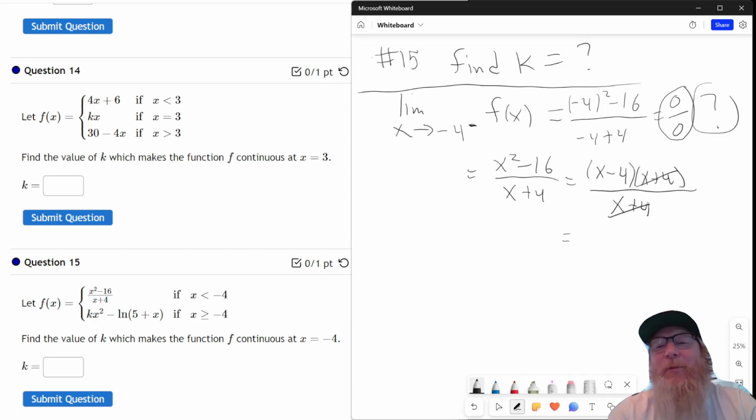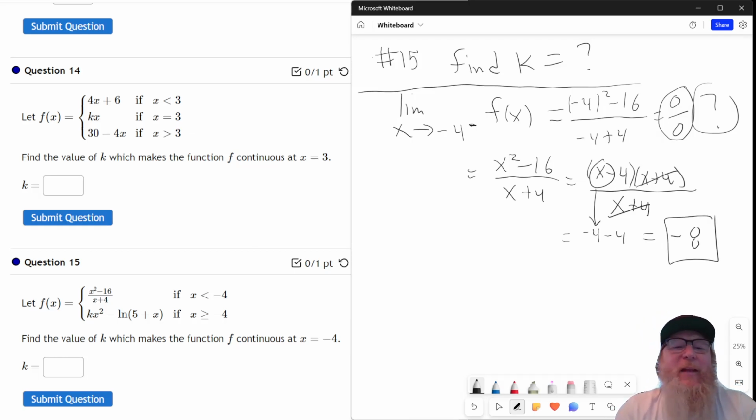And now you can plug in the -4 for x. So the limit on the left is -8. Remember, because this says x is less than -4, this is a hole at -4, -8.